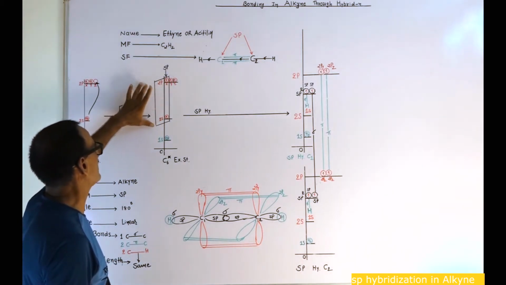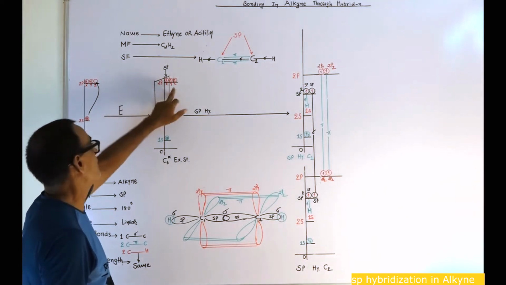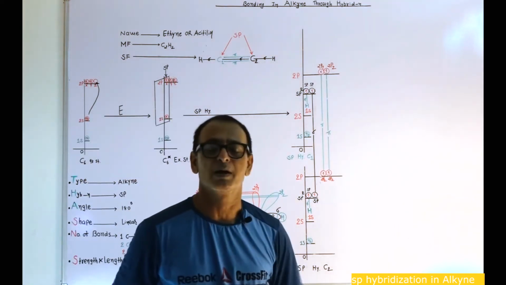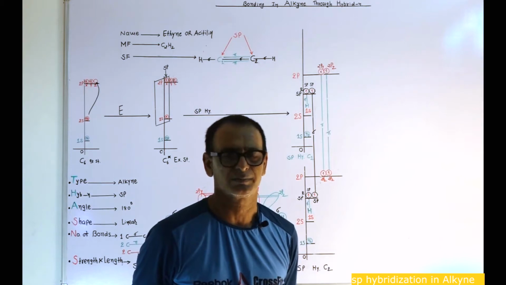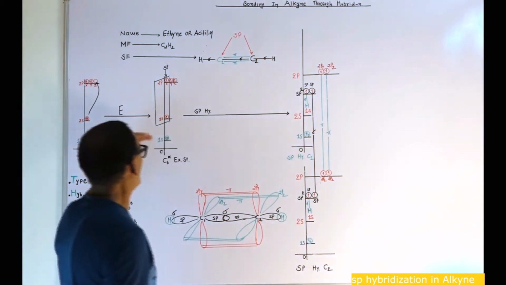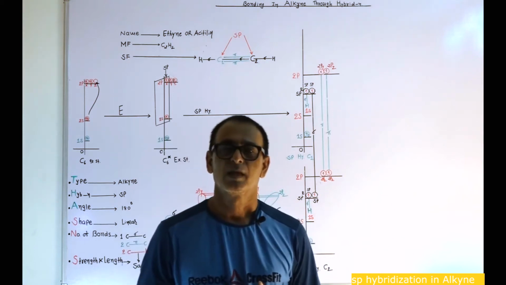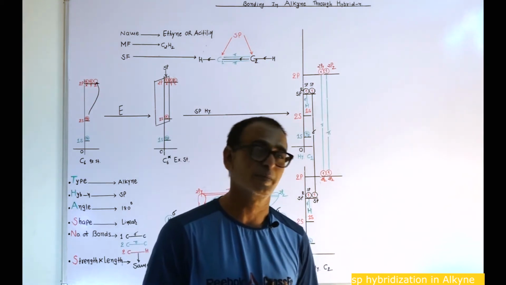Both 2py and 2pz orbitals will not participate during the hybridization. They will remain as they are. Here, 2s and 2px will mix up with each other and form an equivalent set of hybrid orbitals.